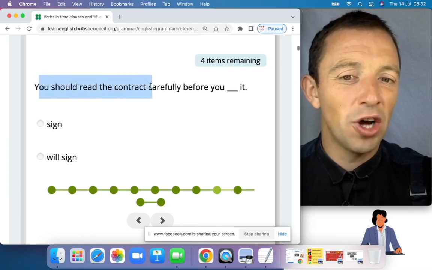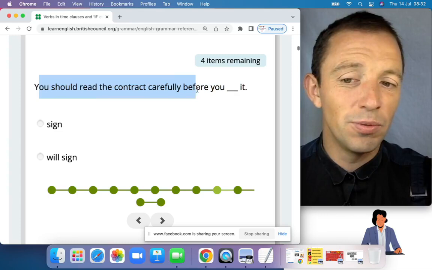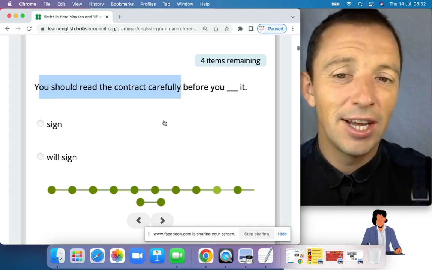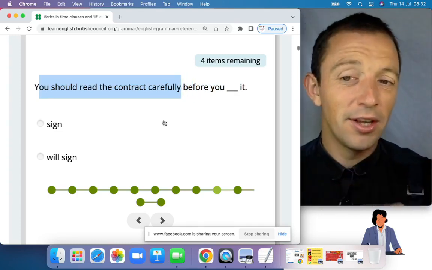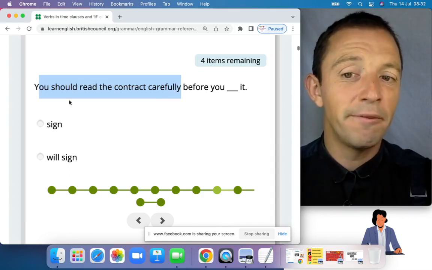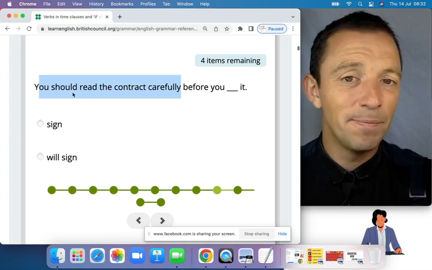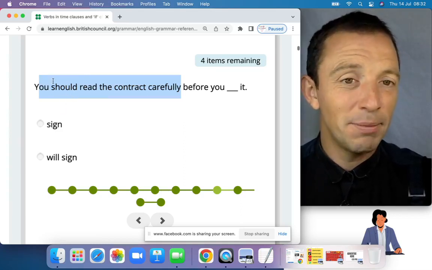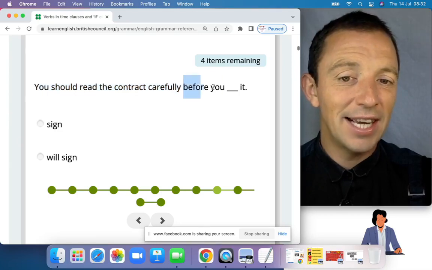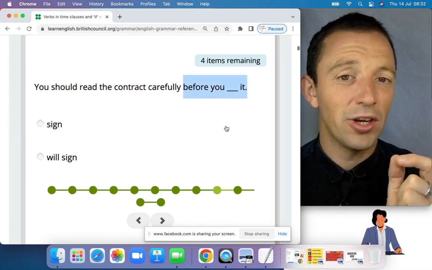You should read the contract carefully before you sign it, or before you will sign it. So we have two clauses. The first clause is you should read the contract carefully. Subject, verb, object, adverb. So this is the modal, suggestion, recommendation. And the second clause is the time clause.